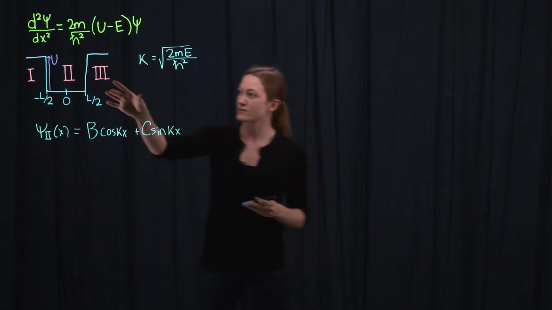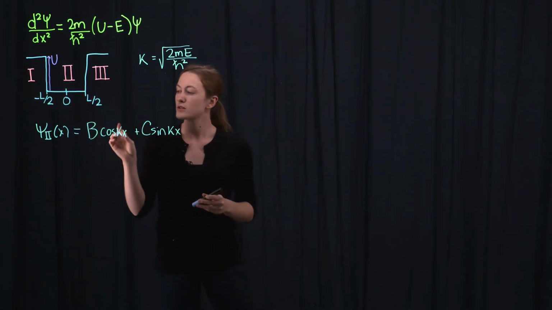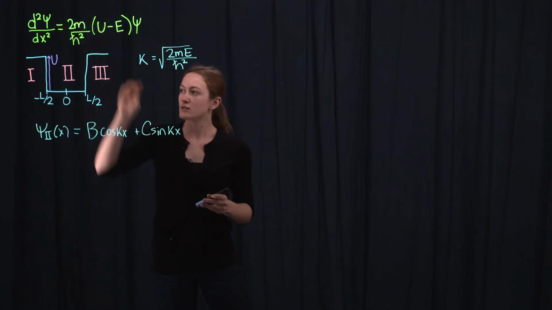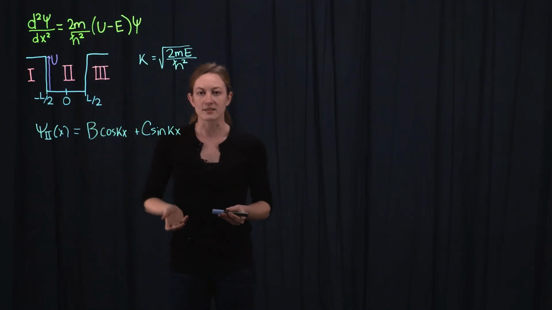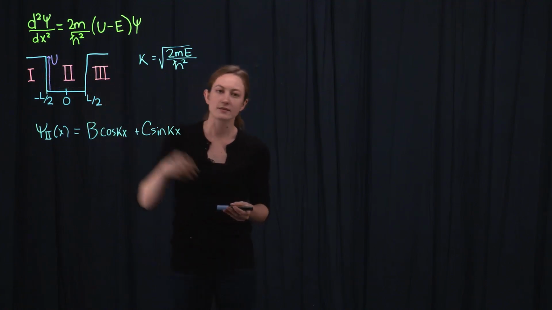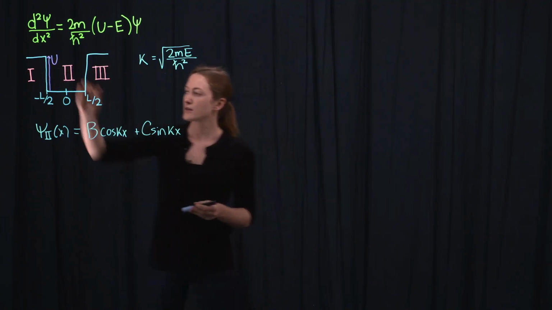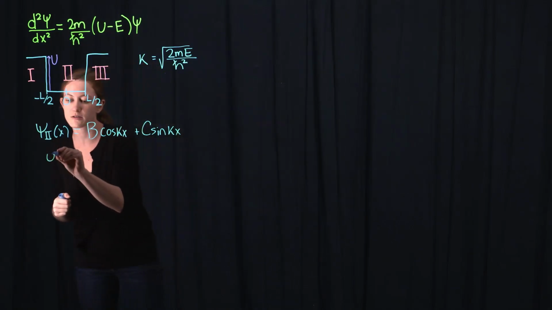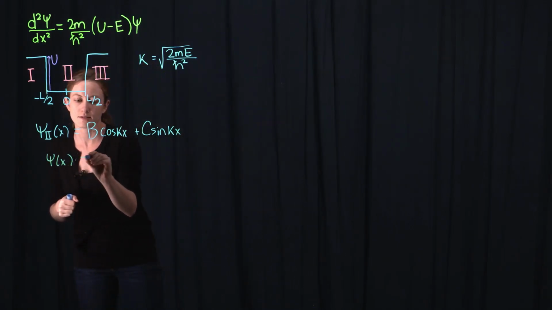In the outer regions of the box, regions 1 and 3, the solutions to this equation are exponentials, growing and decaying exponentials. And that's because the potential U is greater than the energy of the particle. So I'll write in general psi of x.